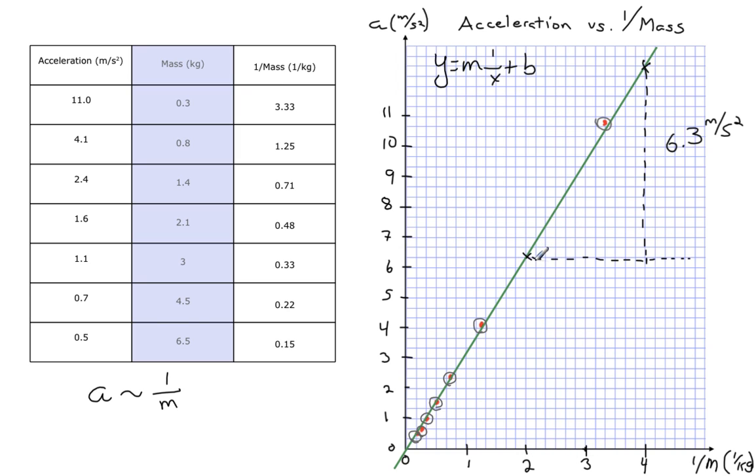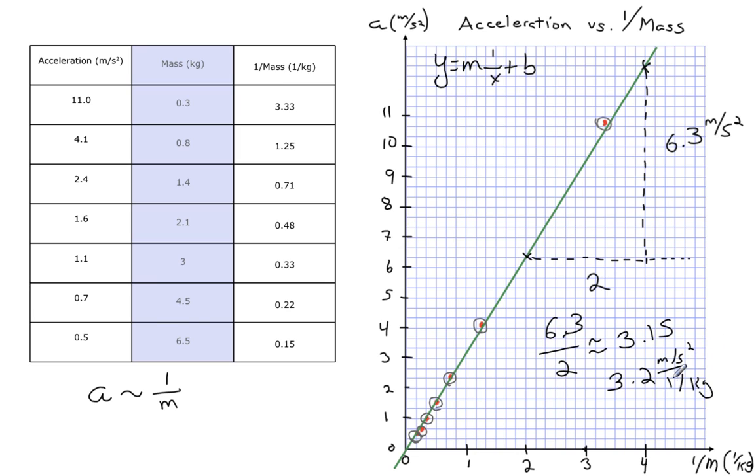So we have 2 over here. So the rise over the run that we're going to end up getting is 6.3 over 2. So that's a slope. 6.3 over 2 is going to be approximately 3.15. So let's say 3.2 meters per second squared over 1 over kilograms.